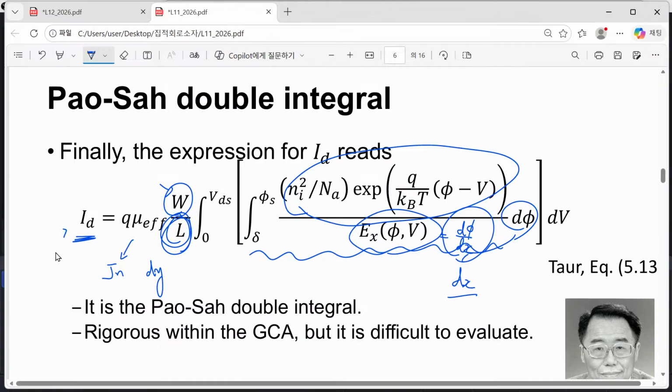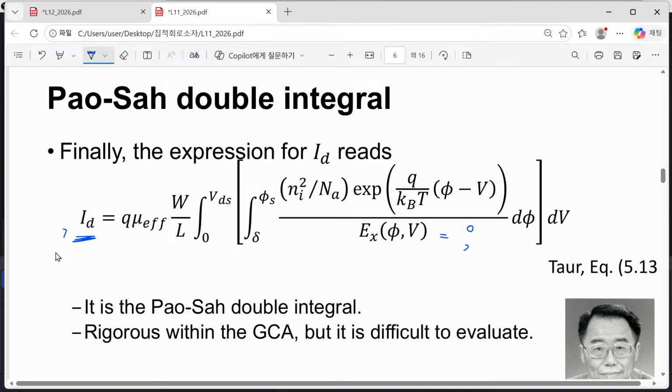Maybe you remember that if we really wanted to evaluate all of this complicated integral, then we have to find out which are unknown variables. So q, universal; mu, that is a model parameter we assume; W and L, they are design parameters.